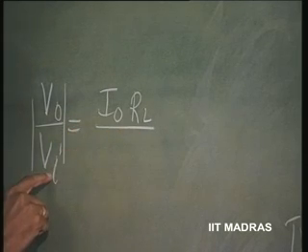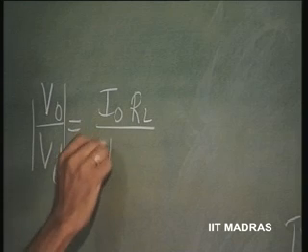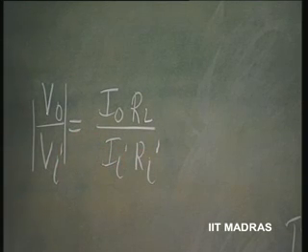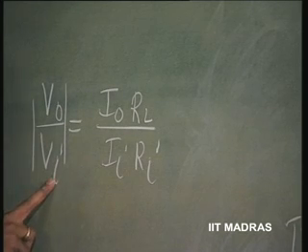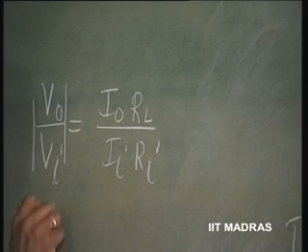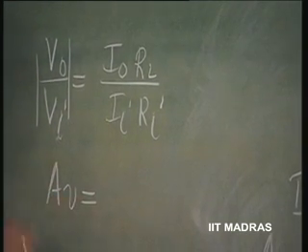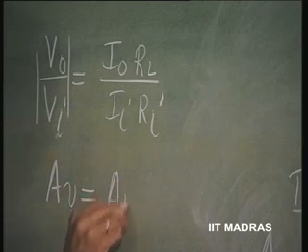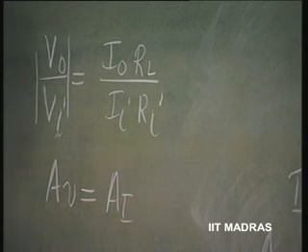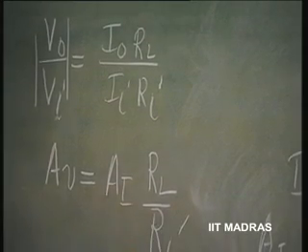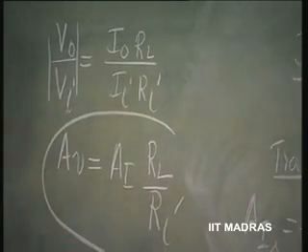Then Vi is nothing but II into Ri. This we have used earlier in the example also to obtain the power gain in terms of current gain. So, the voltage gain of any amplifier AV is equal to AI, the current gain of the amplifier, into RL by Ri. This is an important statement.